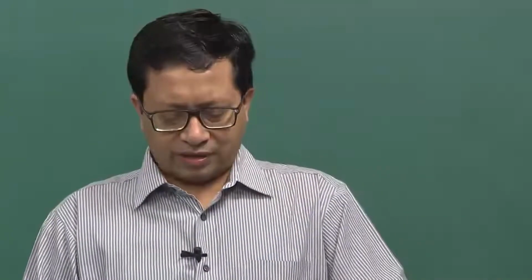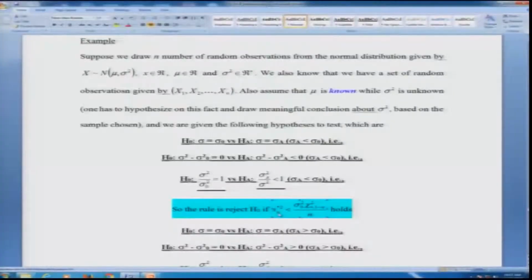So, S dash or S star, whatever it is, because the population mean is known, as mentioned here in the blue color, is less than sigma square naught, which is under H naught, divided by chi square n, because you do not lose any degrees of freedom, 1 minus alpha because it is on the left hand side, and alpha, not alpha by 2, because it is a one sided test, divided by n.